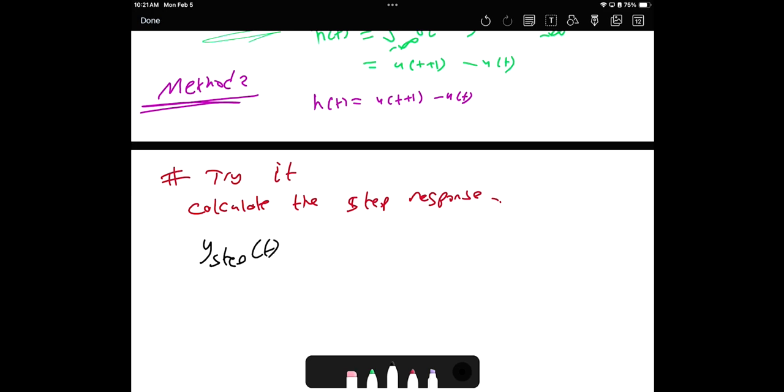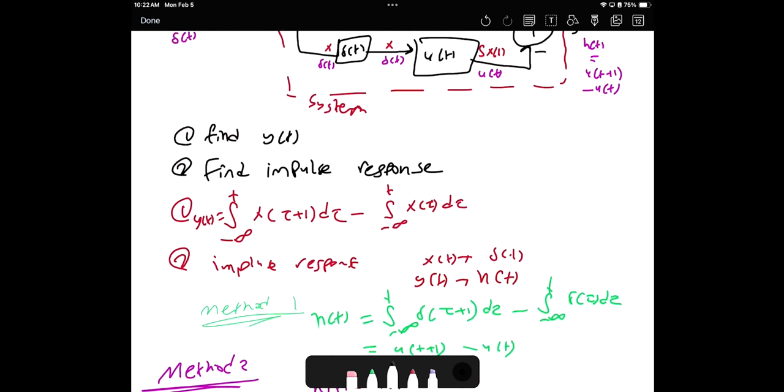Try it. Substitute x of t by u of t, and y of t will be replaced by y step of t. Try for the problem here.